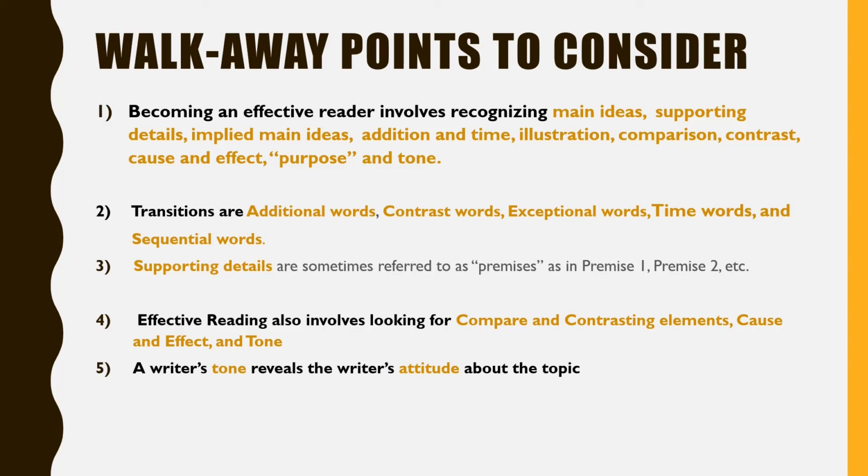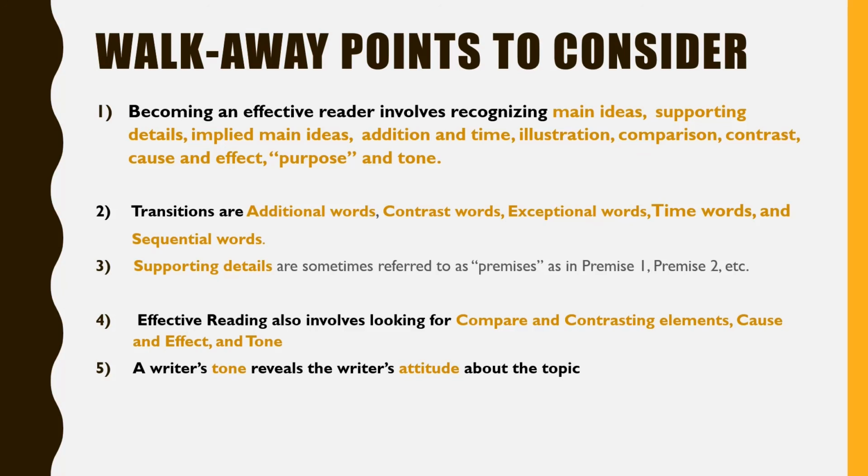Here are some walkaway points to consider. Becoming an effective reader involves recognizing main ideas, supporting details, implied main ideas, addition and time, illustration, comparison, contrast, cause and effect, purpose, and tone. Transitions are additional words, contrast words, exceptional words, time words, and sequential words.